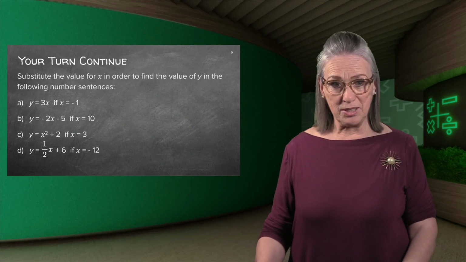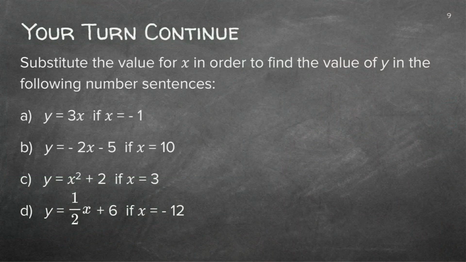Let's try the next one. Substitute the value for x in order to find the value of y in the following number sentences. So y equals 3x, but x is minus 1. So we're going to say y equals 3 times minus 1, so that means it is minus 3.